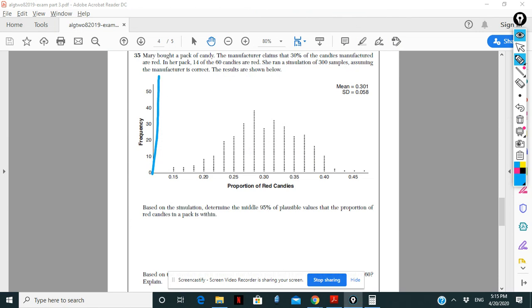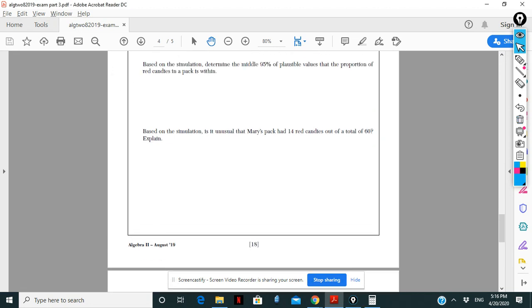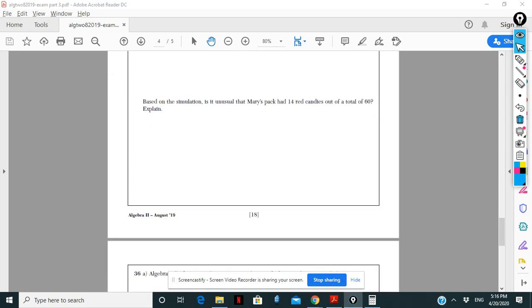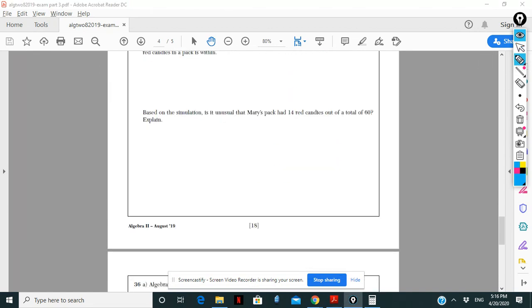Now, based on that, is it usual or unusual? So 14 divided by 60 equals 0.233.